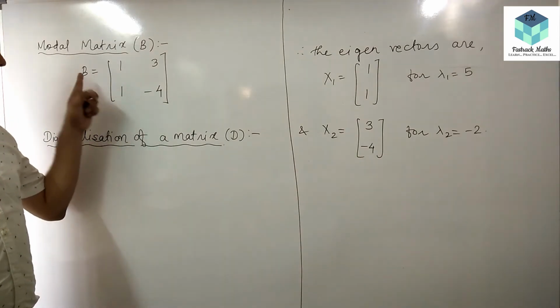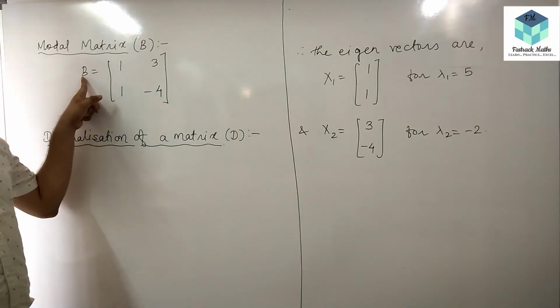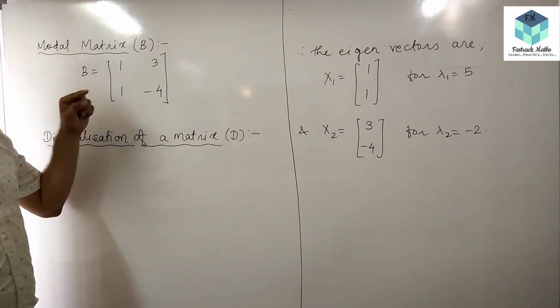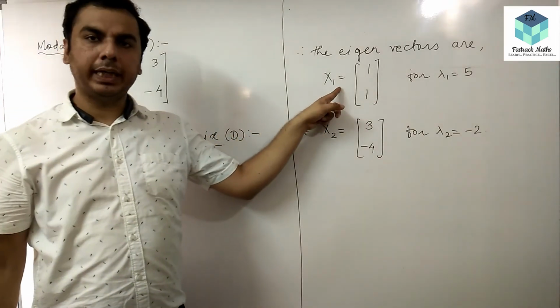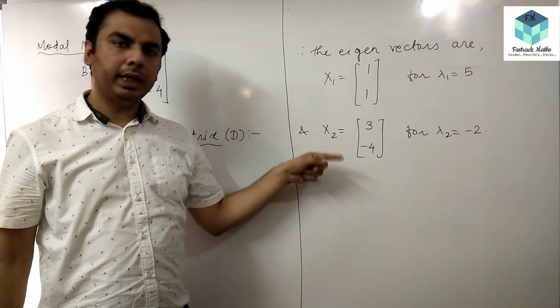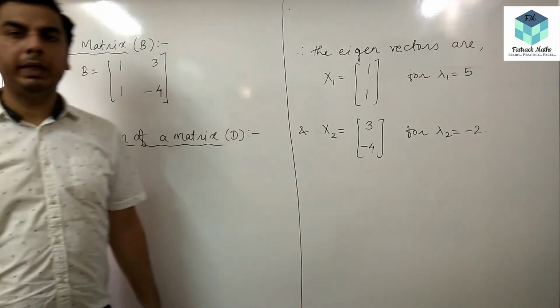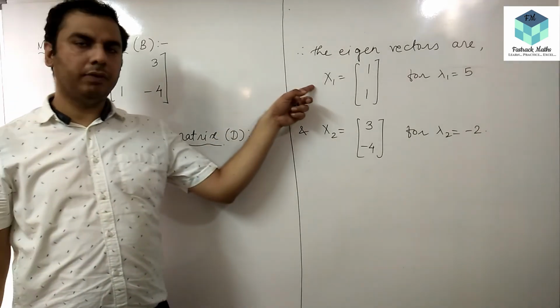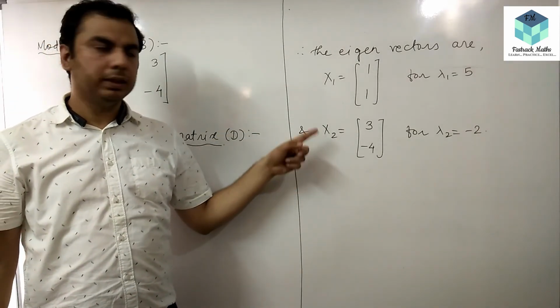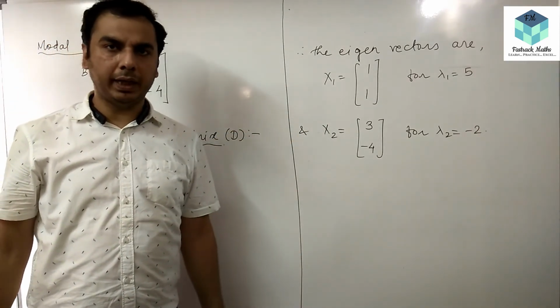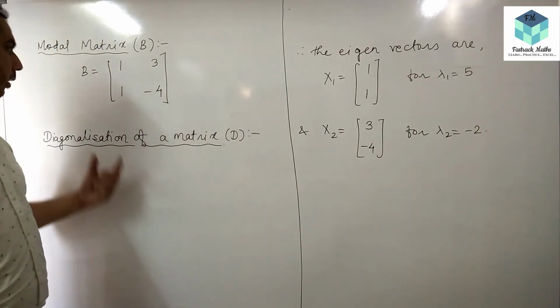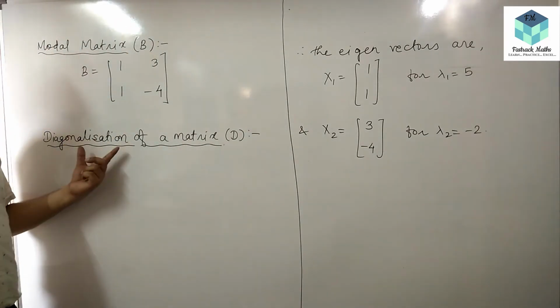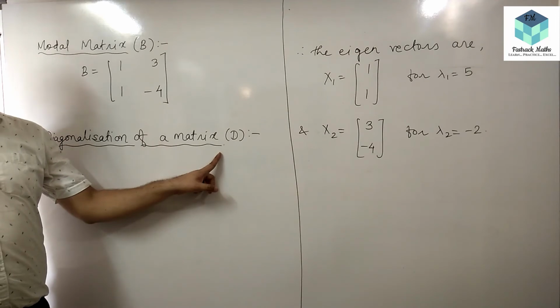Remember that B must contain linearly independent eigenvectors. I have told you that vectors are said to be linearly independent if one cannot be written as a scalar multiple of the other. If we can write one vector as a scalar multiple of the other, then they are linearly dependent eigenvectors.